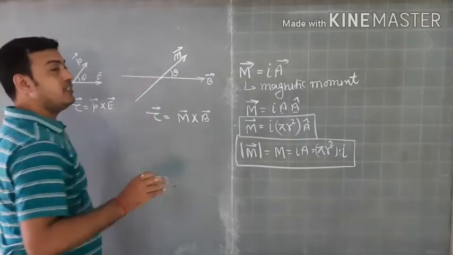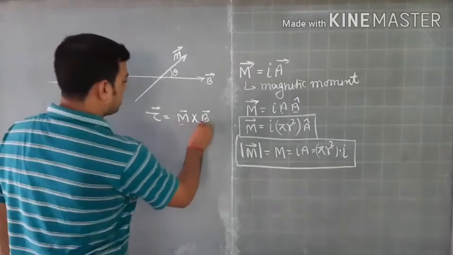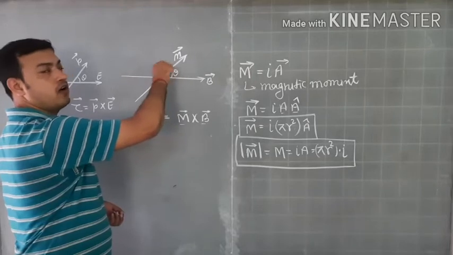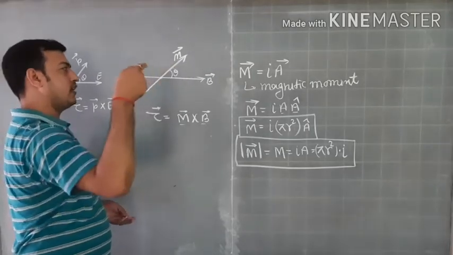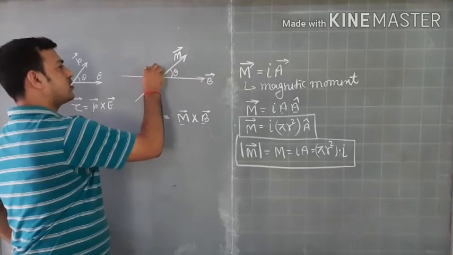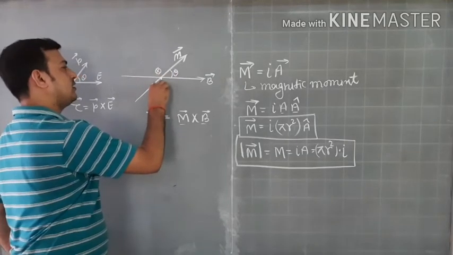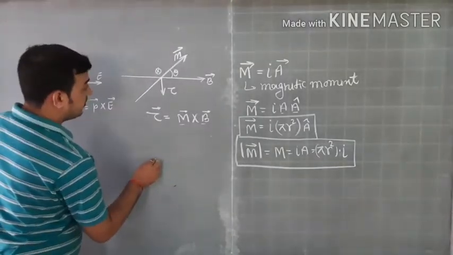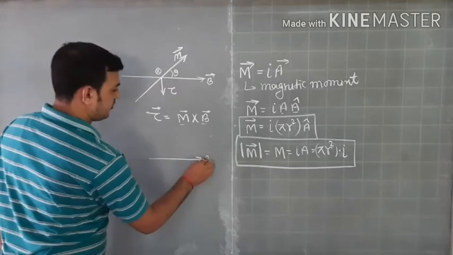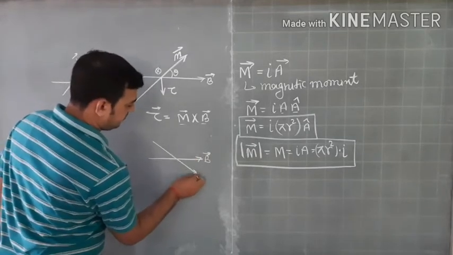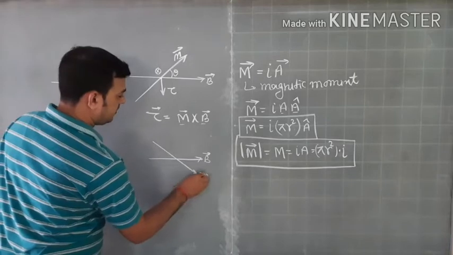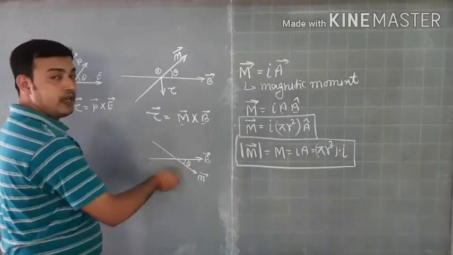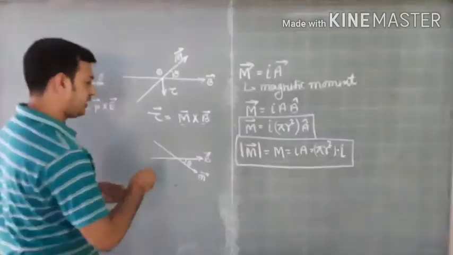If you find out the direction, this is a cross product, so you have to move from M to B, and M to B is clockwise, and for clockwise the direction is into the board. So this is the direction of the torque that will act on this dipole. On the other hand, if I change the direction of the magnetic moment of my dipole and take it like this, then going from M to B is anti-clockwise, and for anti-clockwise the direction is outwards.